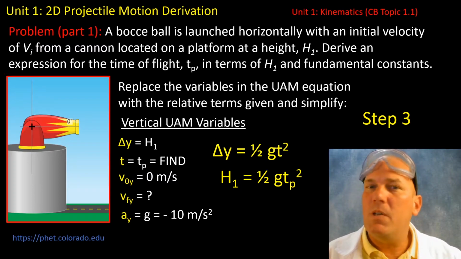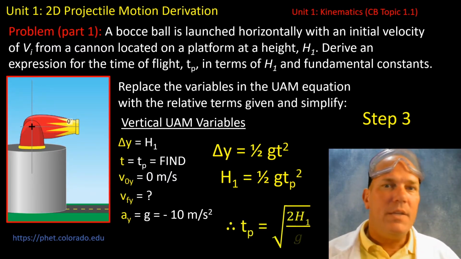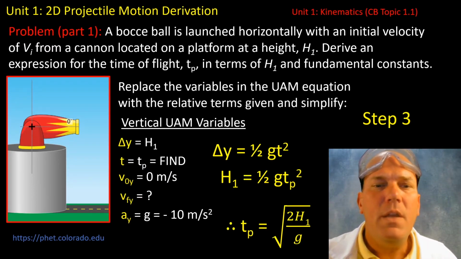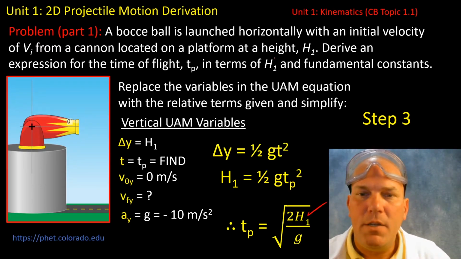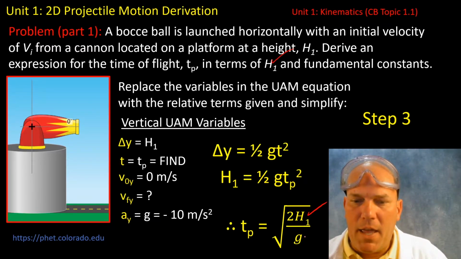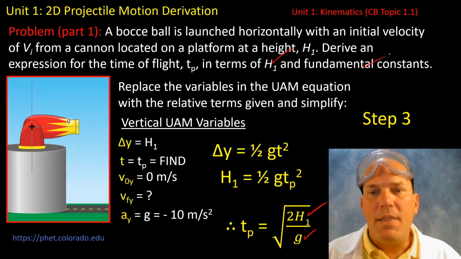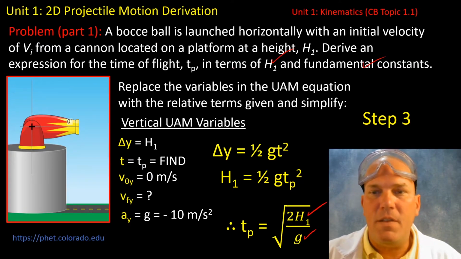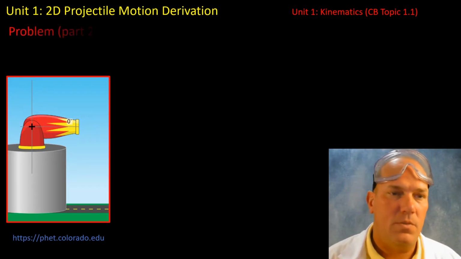Rearranging this as we would algebraically for any other problem, solving for T, we have now derived an expression for the time of flight in terms of h1, check, and fundamental constants, or little g in this case.